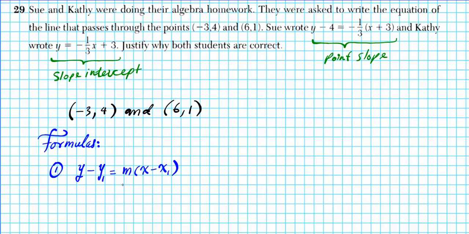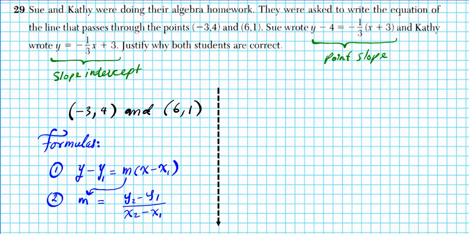And the second one is a component of this formula, which is the slope formula. The m can be determined by computing y2 minus y1, your rise, divided by x2 minus x1, your run.